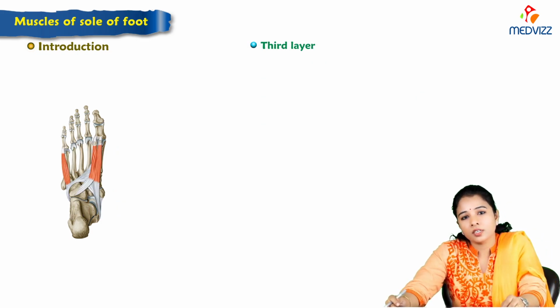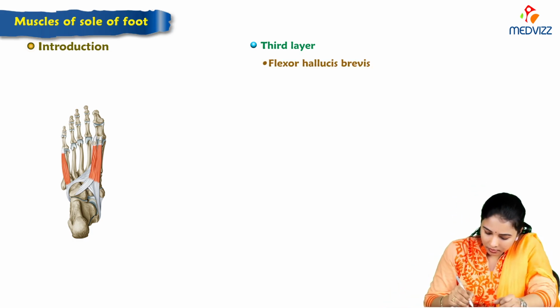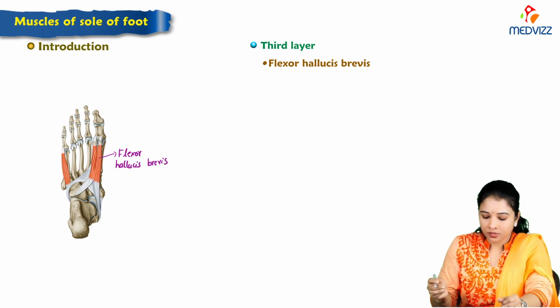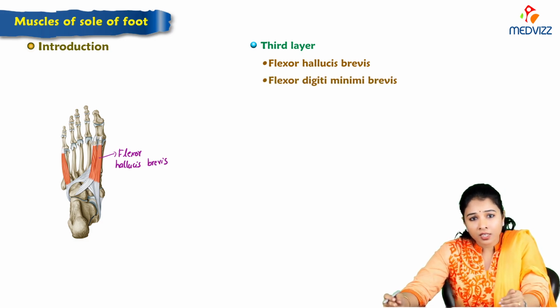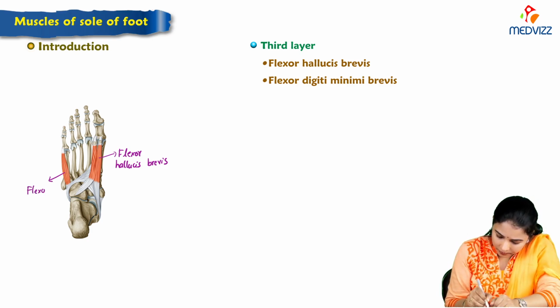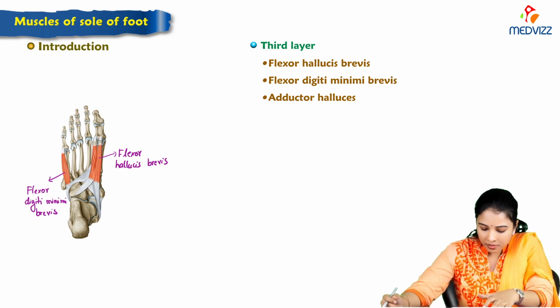Moving on to the third layer. In the third layer we have the flexor hallucis brevis muscle. Hallucis means the great toe, so it is a shorter muscle which helps in the flexion of the great toe. Next is the flexor digiti minimi brevis. Next is the adductor hallucis, which helps in adduction.